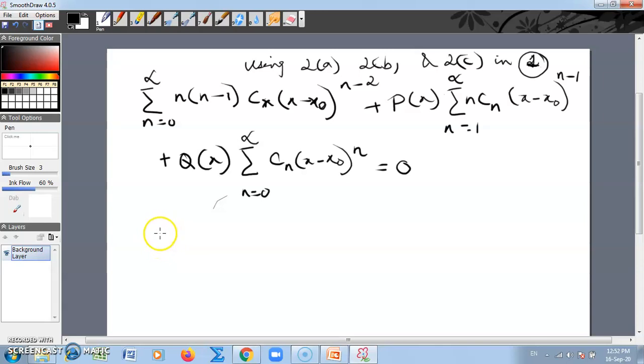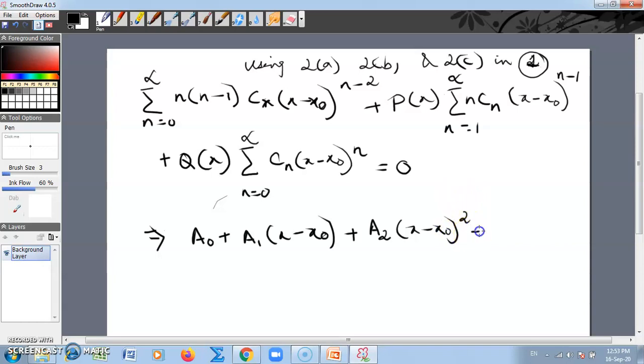We get something of the form a0 plus a1 (x minus x0) plus a2 (x minus x0) whole square plus dot dot dot an (x minus x0) to the power n plus dot dot dot.